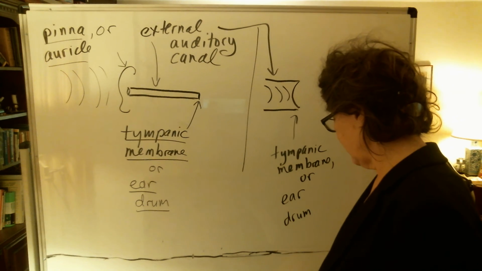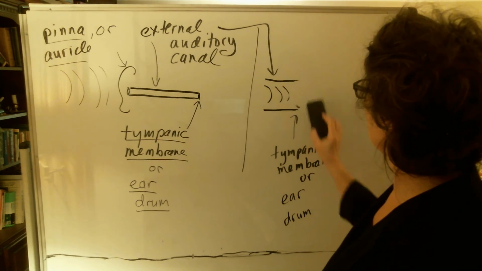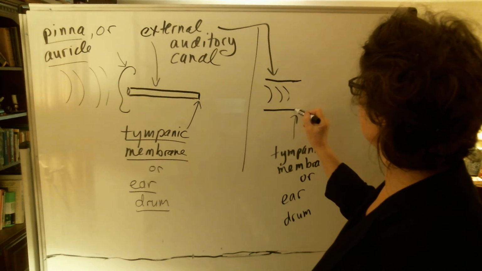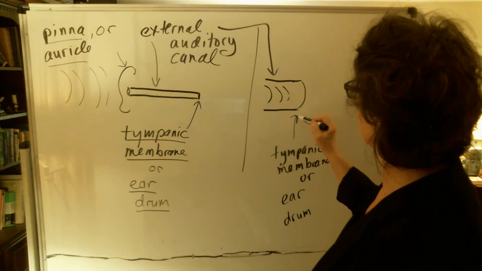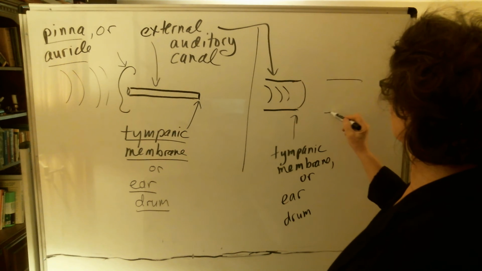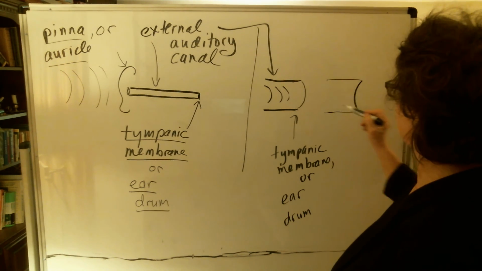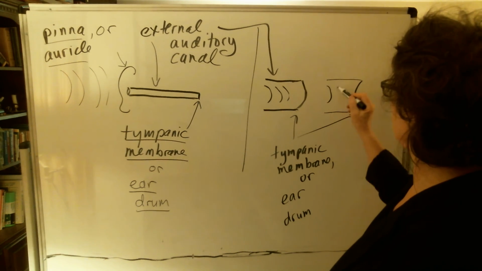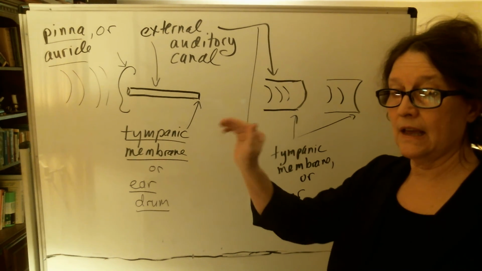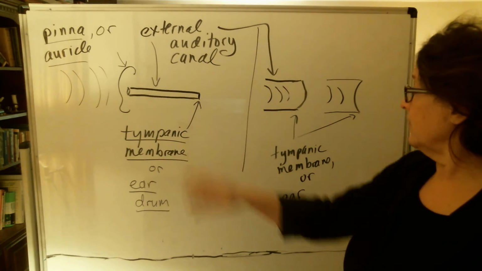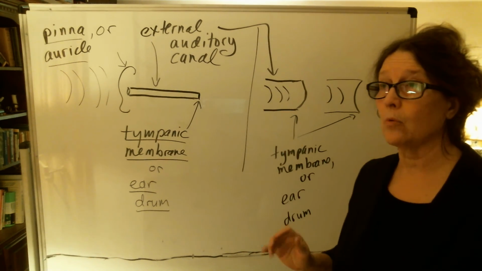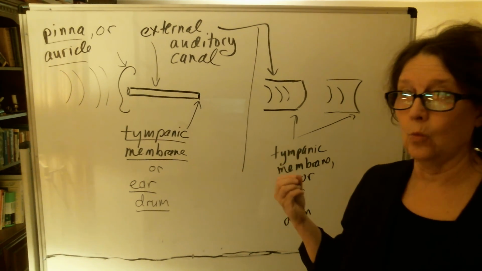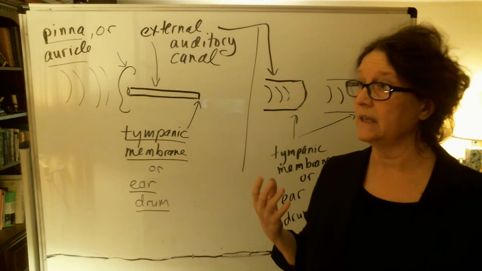So you just have this membrane here at the end, which as these sound waves are hitting it, may go out, it may go in. So here then we have the tympanic membrane, and it is that in and out motion of the tympanic membrane that is eventually turned into hearing, into what we think of as our ability to hear.